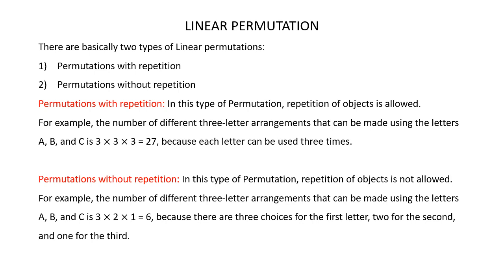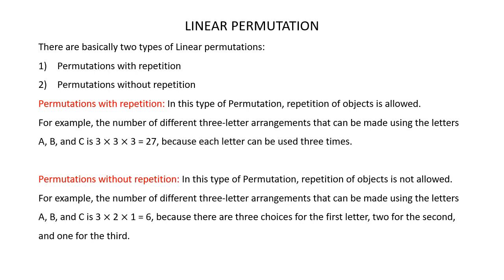Supposing you have three letters A, B and C, and you have to make three-letter words using these three letters. So let's find out how many three-letter words you can make using the letters A, B and C when repetition of the letters is allowed.